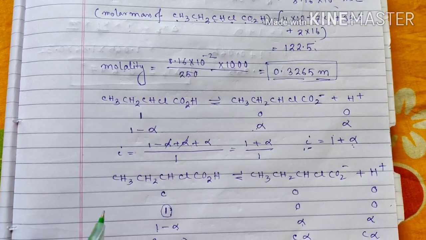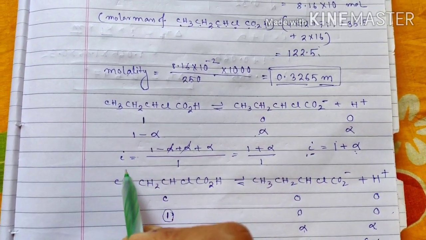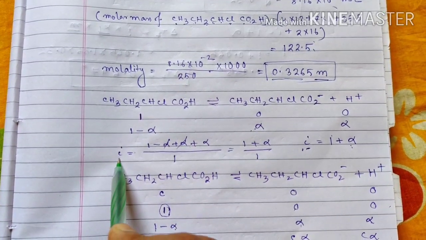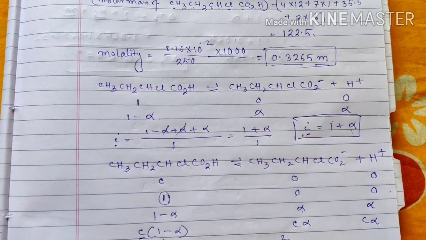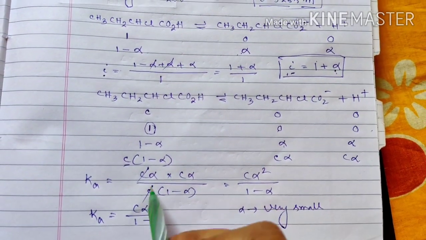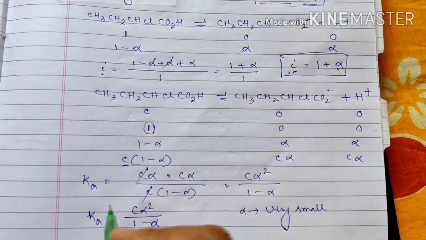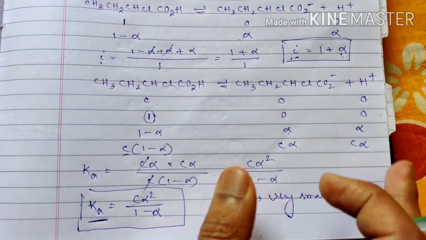Then we had to calculate i. So we were trying to formulate one equation where i can be correlated with alpha, and we got i is equal to 1 plus alpha. Then we didn't know the value of alpha, so we calculated alpha from this equation, because the Ka value is given.